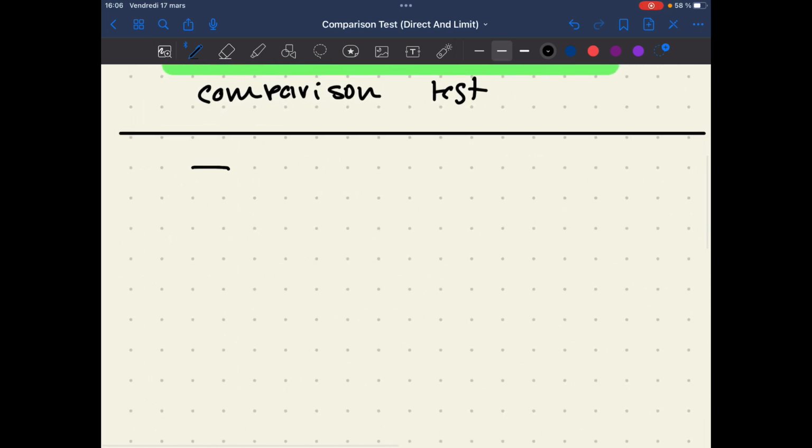Question number 2 is a series starting at 1, going to infinity, of 1 over 7k to the 7 plus 9. Now we can call this our series of a sub k. Now we have to come up with the series of b sub k.